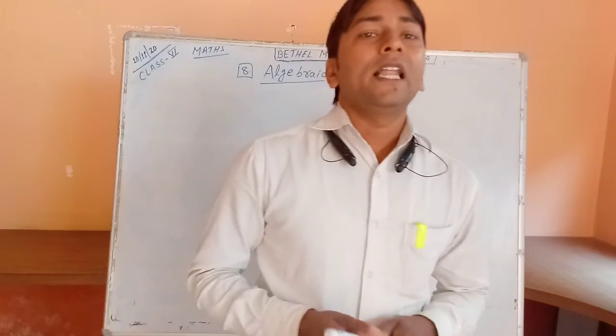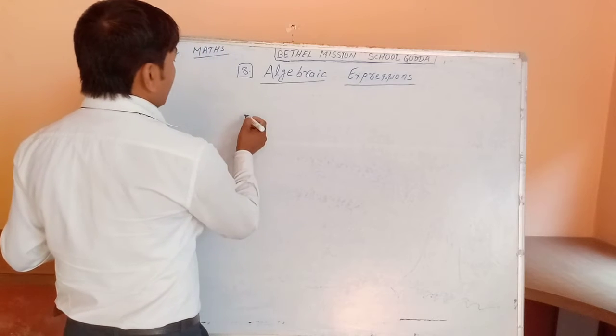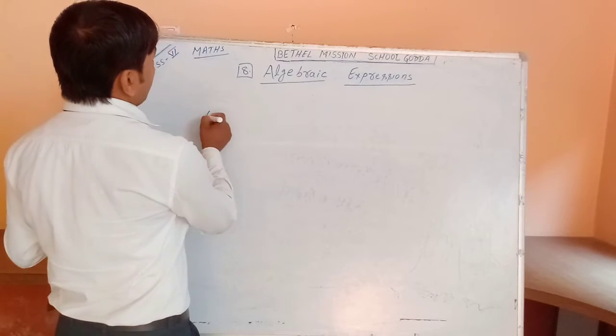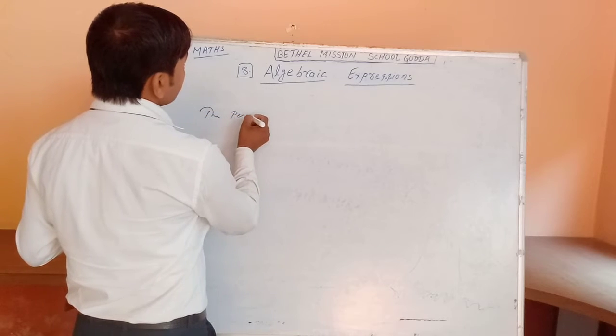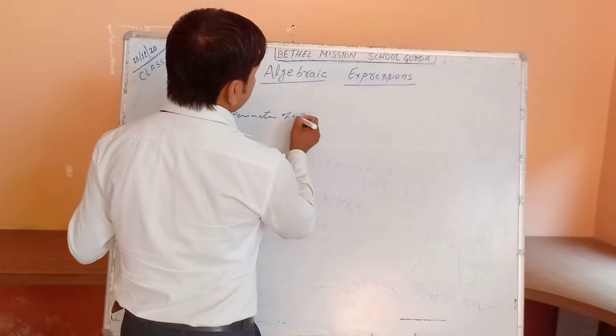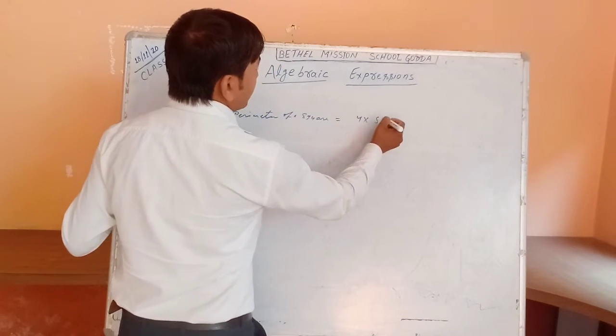Last day I took one example that you know, the formula: the perimeter of a square equals 4 into side.